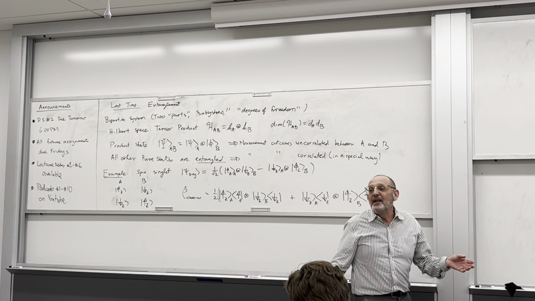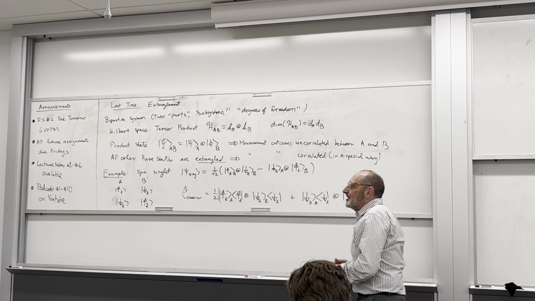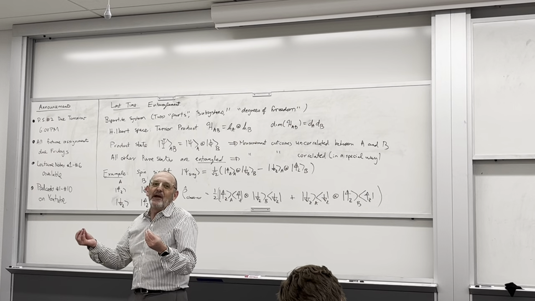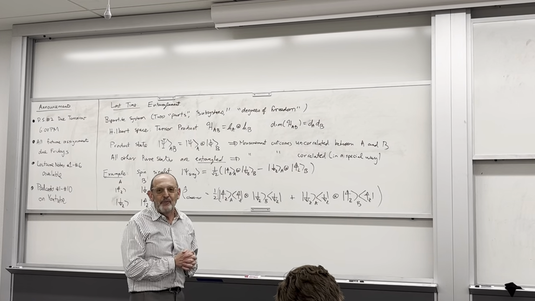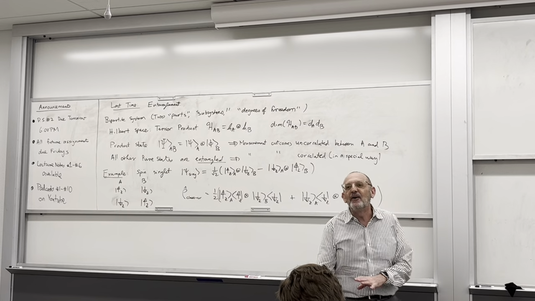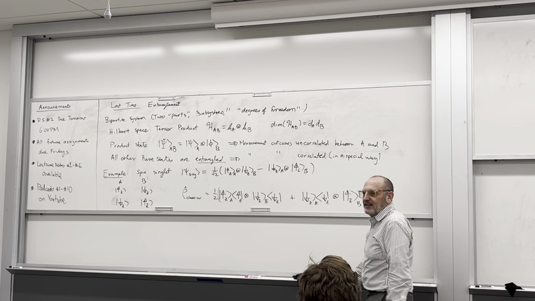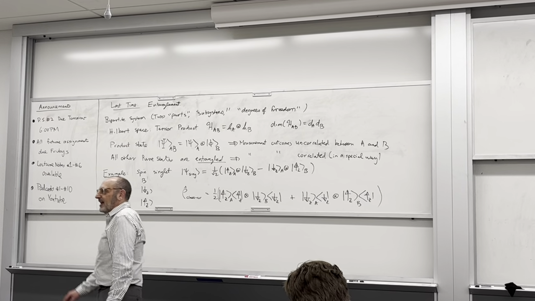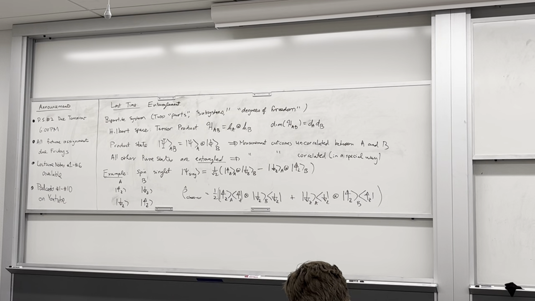The aspects of indistinguishability only become important when they spatially overlap with one another. Then we have to worry about it. But if they don't, we don't. Another important thing that people get confused about.